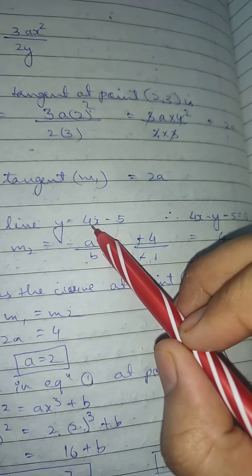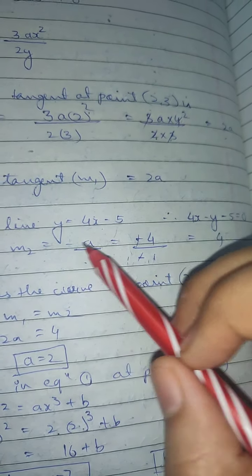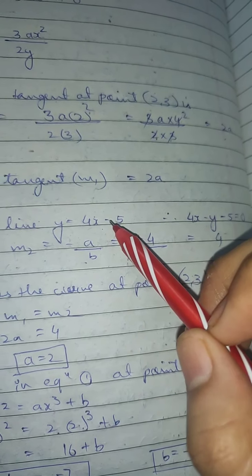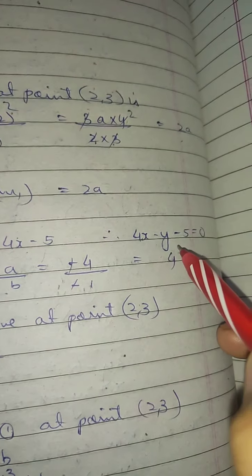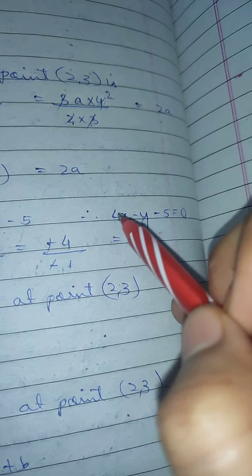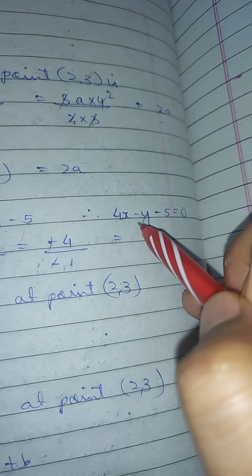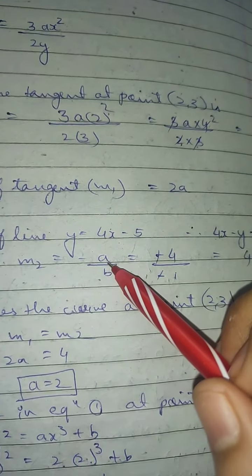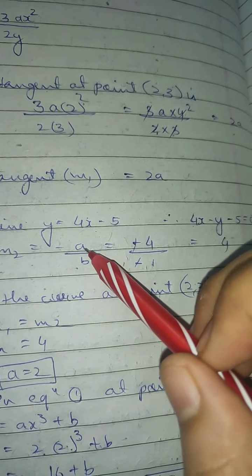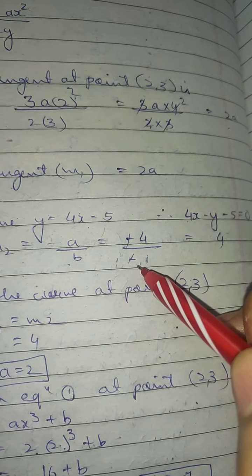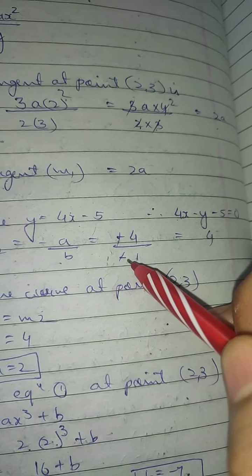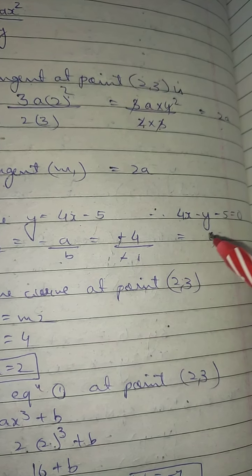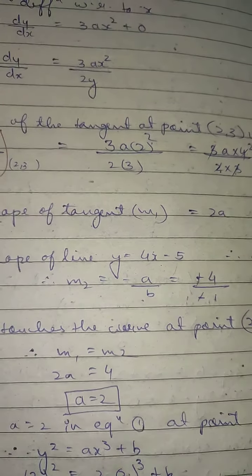So the y comes to this side as -y, and -5 is equal to 0. Here a value is 4 and b value is -1. The formula is minus a by b. A is 4, so -4 by -1. The minus signs cancel and 4 by 1 is just 4. So this is our slope of line.